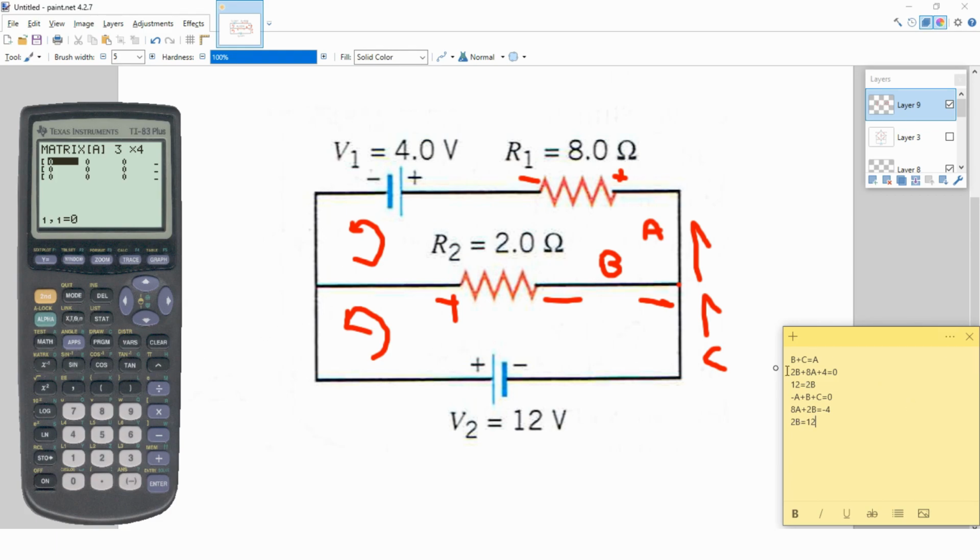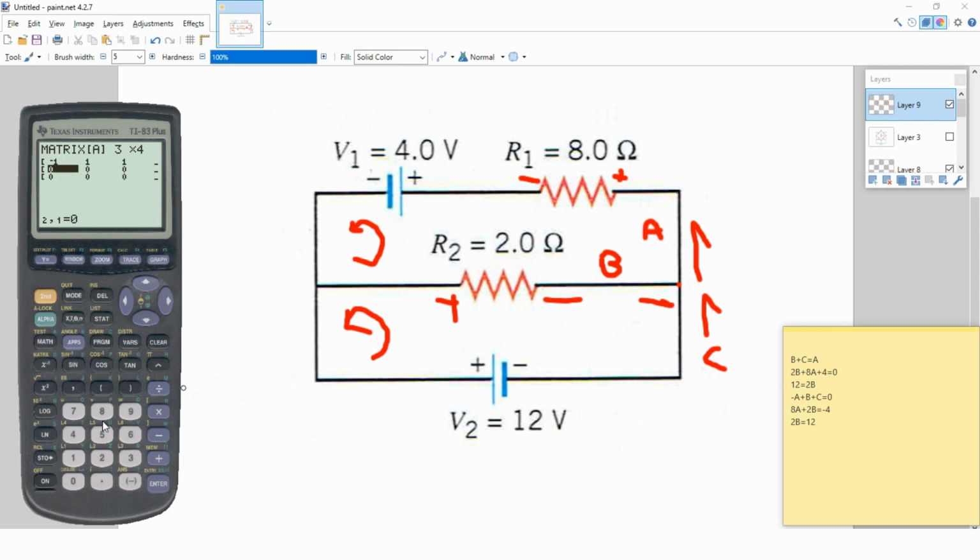So let's start filling them out. We're just going to grab the coefficients for every one, and this column is going to be a, this column is going to be b, this column is going to be c, and the column off the screen is going to be the constants. So negative 1, 1, 1, and that's equal to 0. Enter.